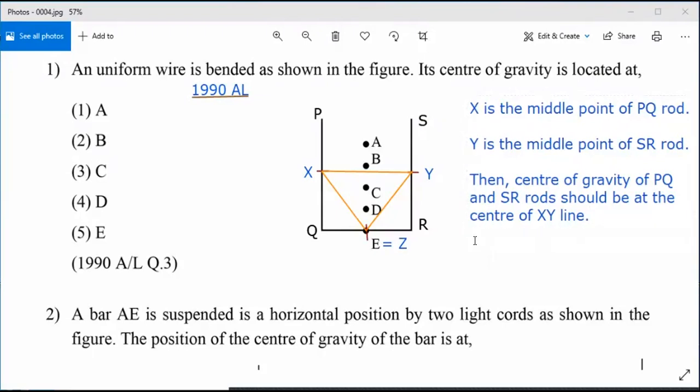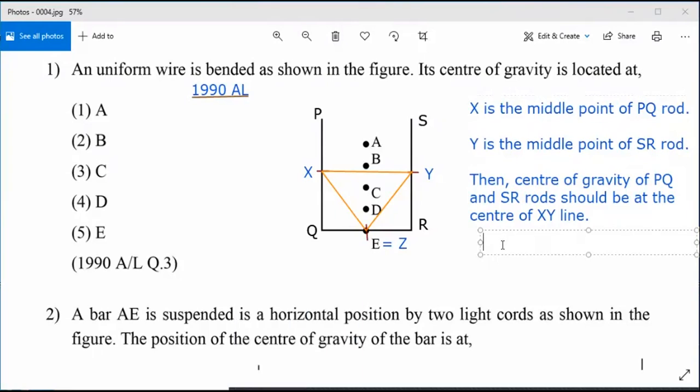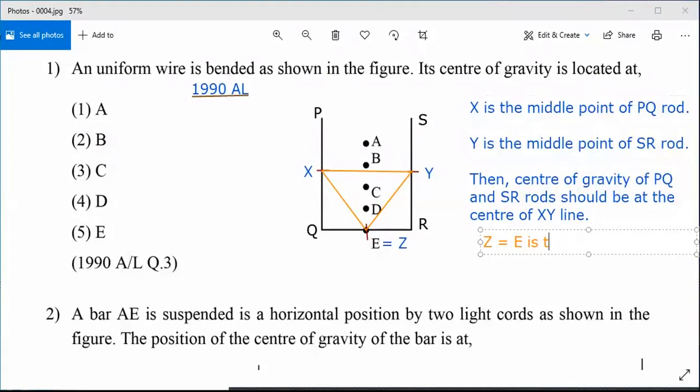Right. Then we should write another sentence. Z equals E is the middle point of QR rod.